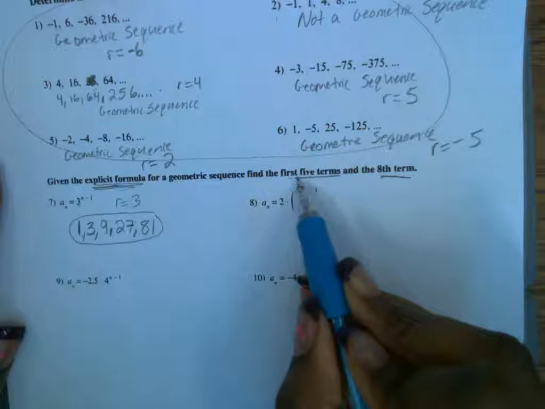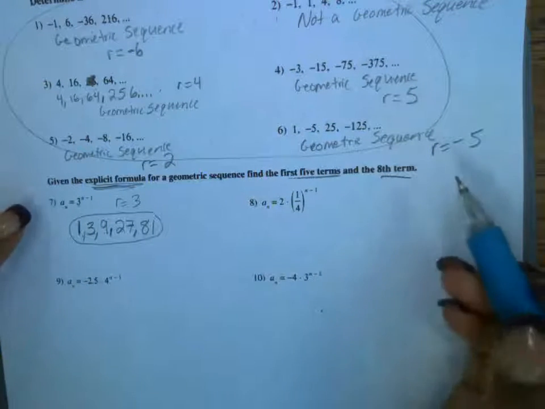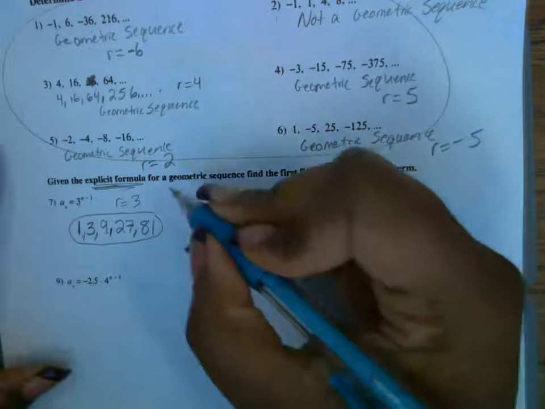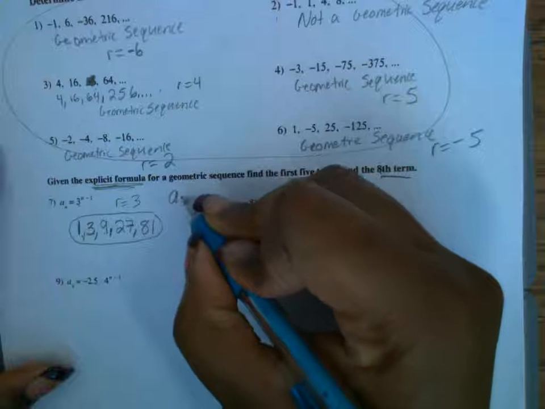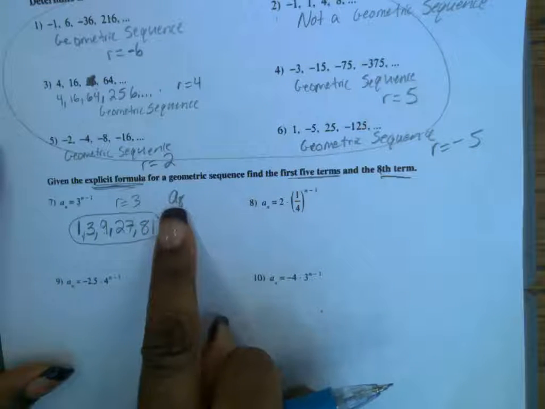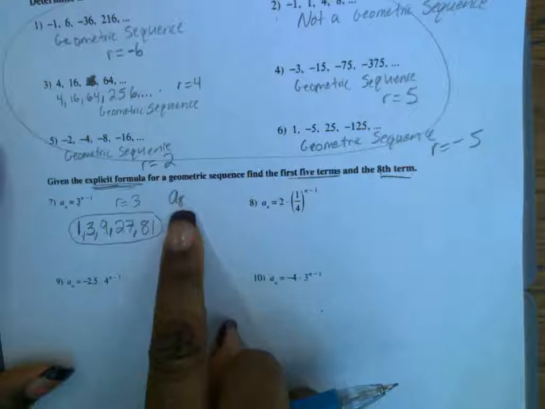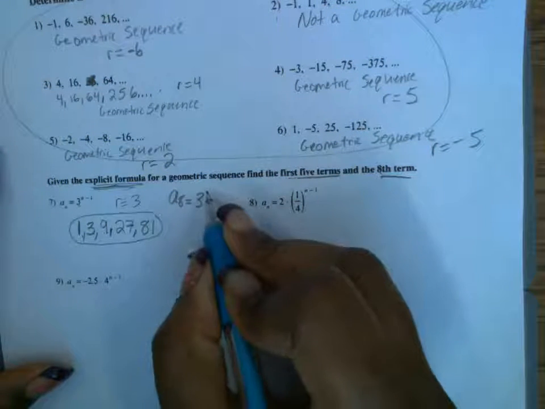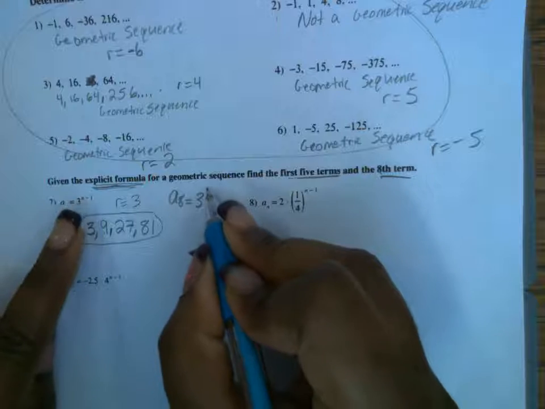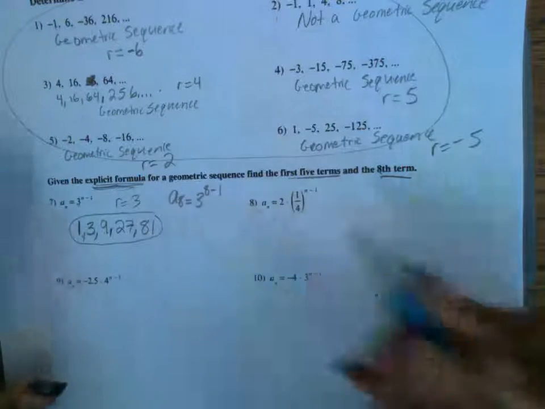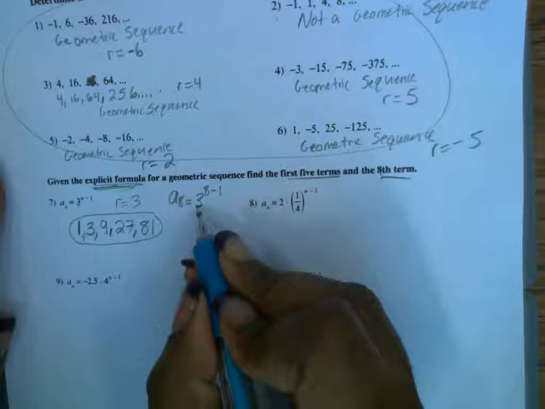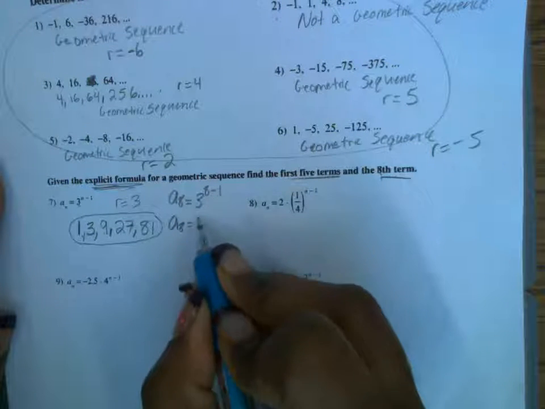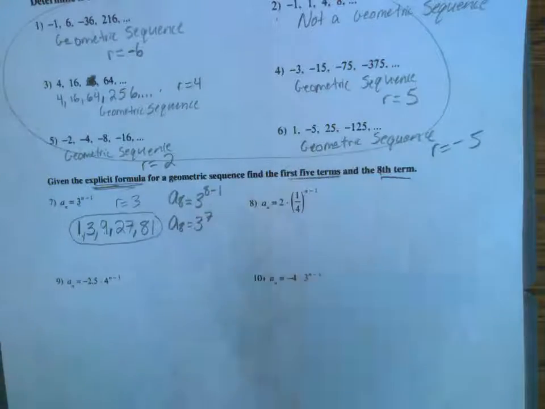Find your first 5 terms. So now we're finding the 8th term, so we're going to plug in 8 into this explicit formula. So we got a sub 8, because we're finding the 8th number, so plug in 8 for n, is equal to 3, and again, 8 to the 8 minus 1 power. So when I do this, use order of operations, this is going to be 7, so this is 3 to the 7th power.